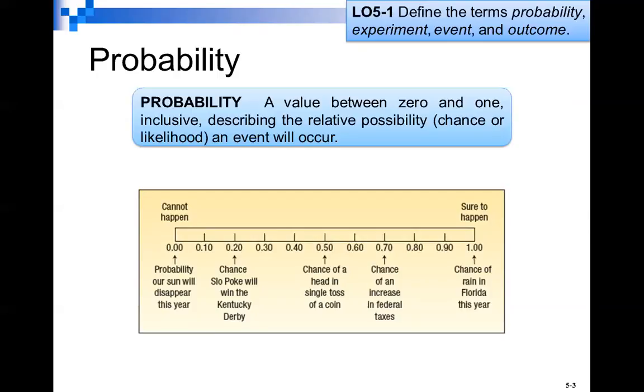A probability of 1 indicates that it's for sure going to happen, like a chance of rain in Florida. As we balance this scale, a probability of 0.5 is like a coin toss. You have an equal chance of falling on either side.